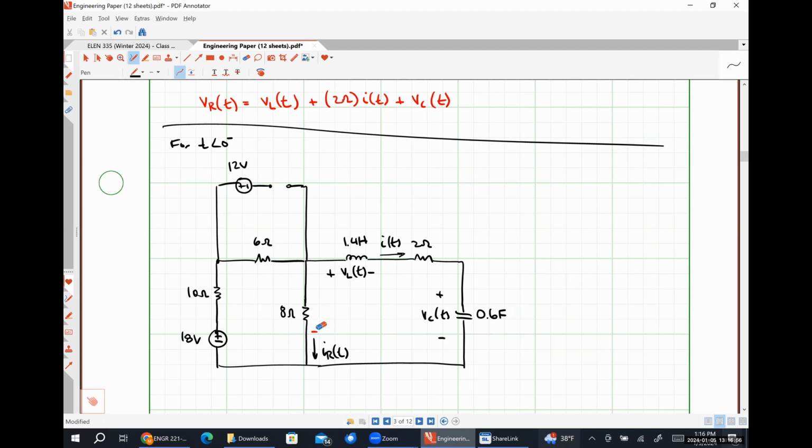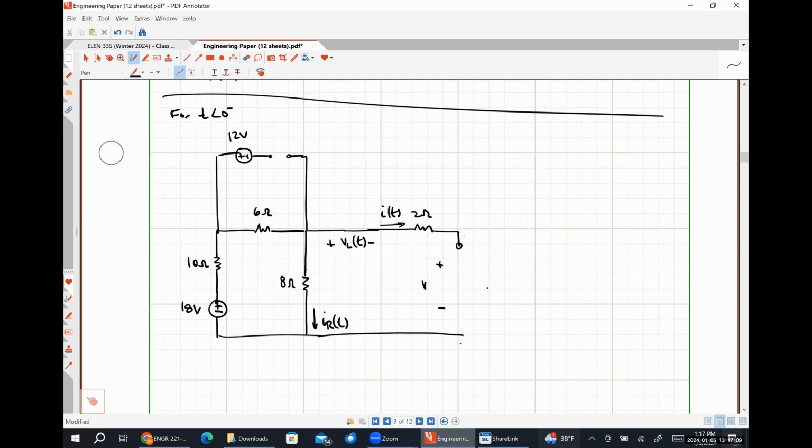My inductance is going to look like a short circuit, and my capacitor is going to look like an open circuit. So this will be VC at 0 minus, VL at 0 minus, I at 0 minus, and we're not even going to bother worrying about IR until we get to the very end.